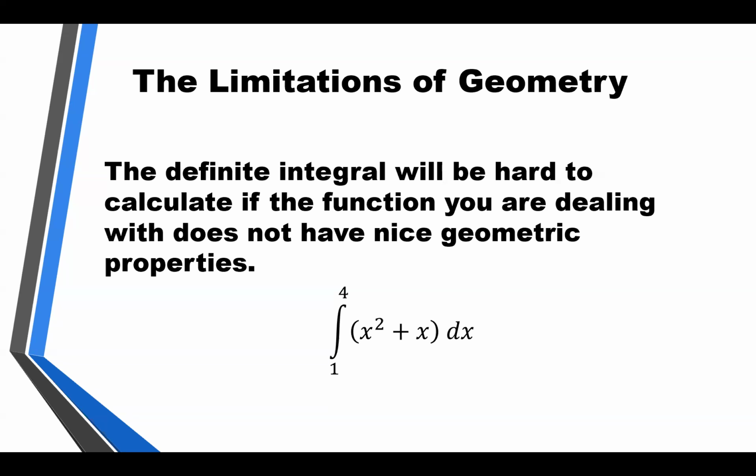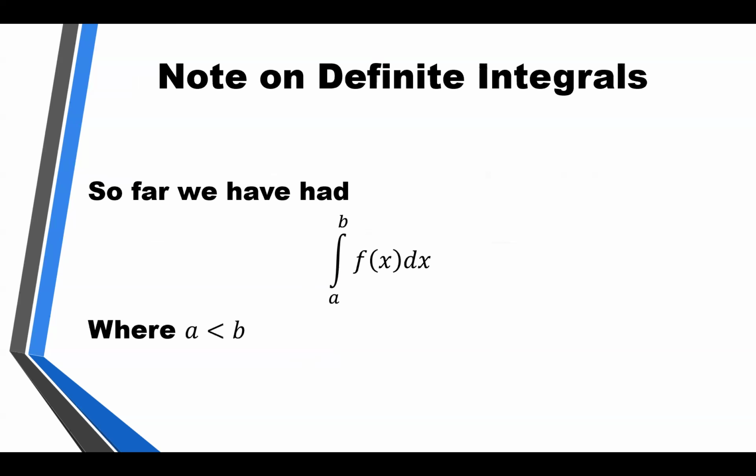Now, you could sort of break it down and get pretty good approximations. And in fact, that's the theory behind how to actually calculate a definite integral, is to get better and better approximations. But that's not in this section. I just wanted to point that out. We'll get the tools to calculate this in the next section that we go over.